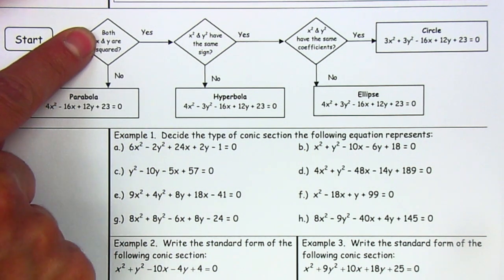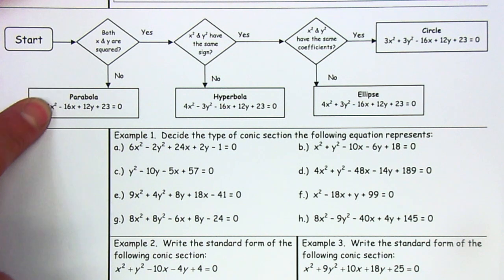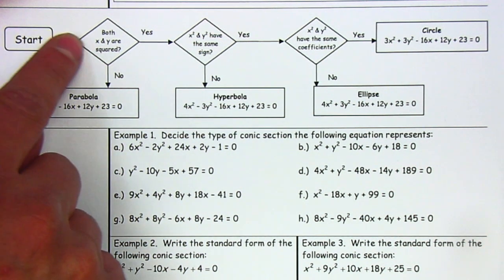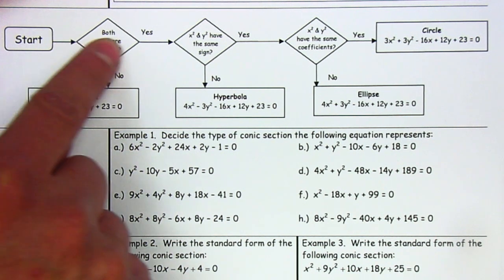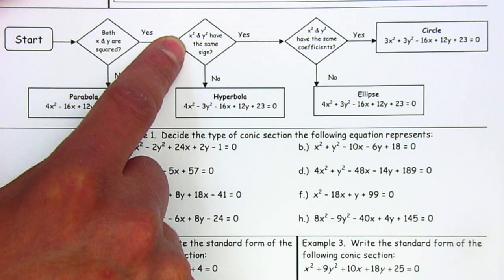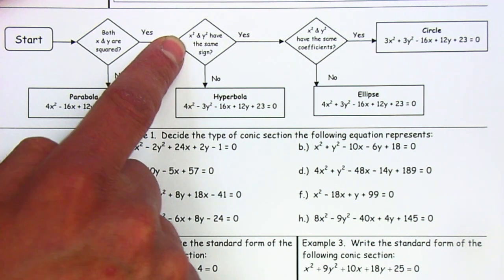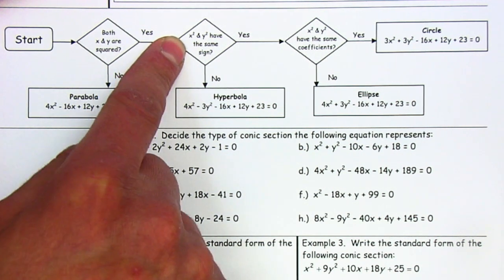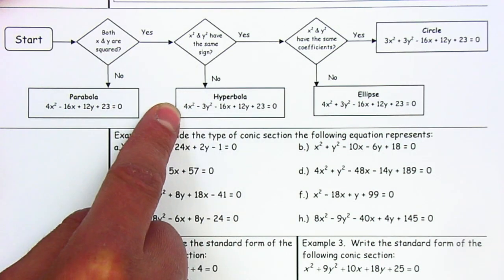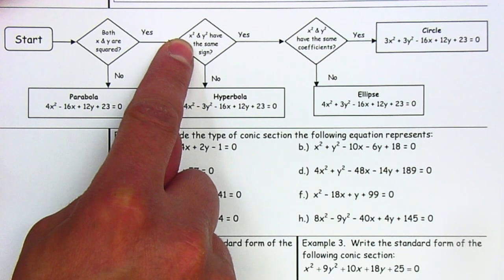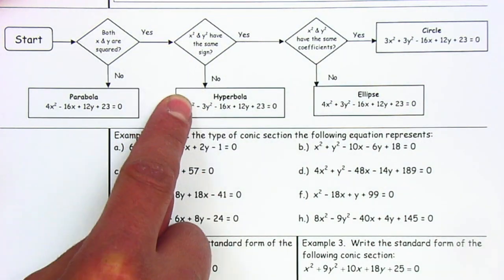If only one of them is squared, the x or the y, then that'll be a parabola. If they both are squared, does x squared and y squared have the same sign? Are they both positive or both negative? If they are different signs, then it's a hyperbola. So if they both are squared and they have different signs, then it's a hyperbola.